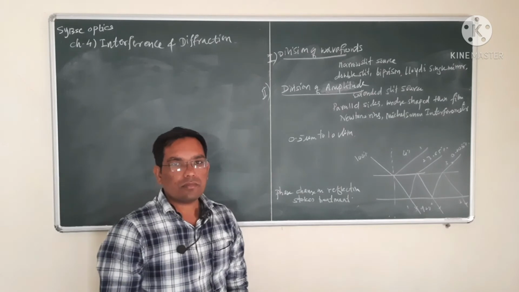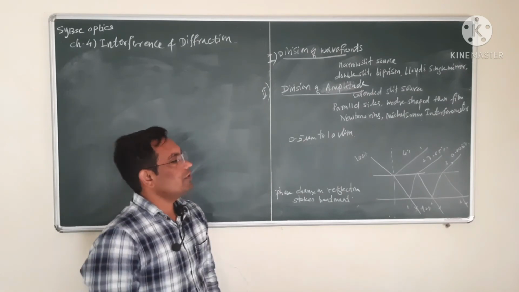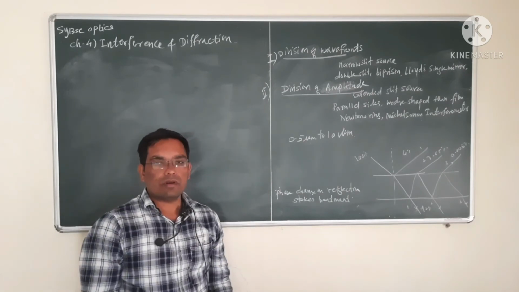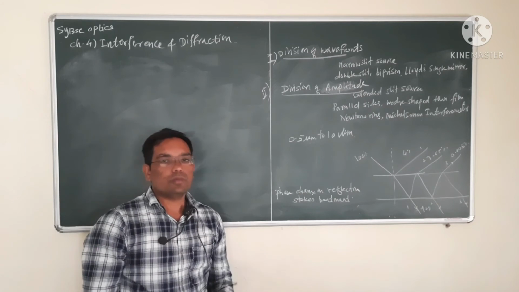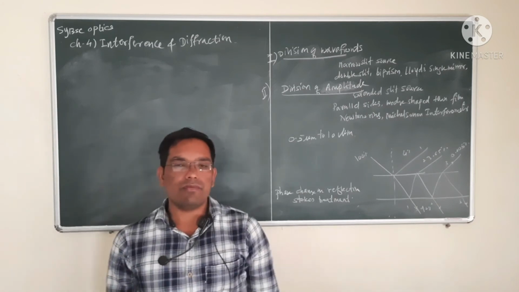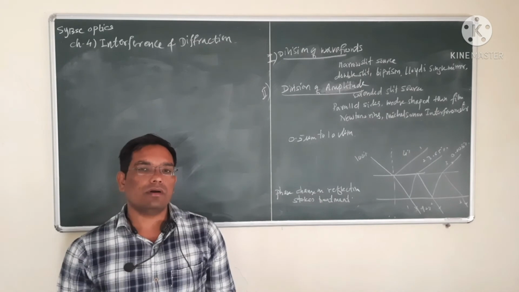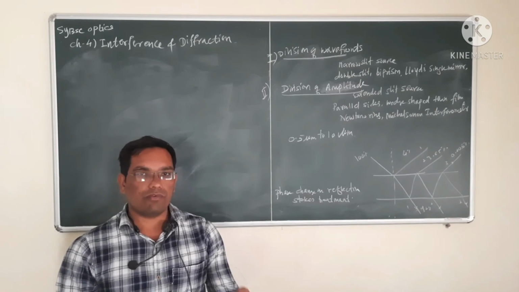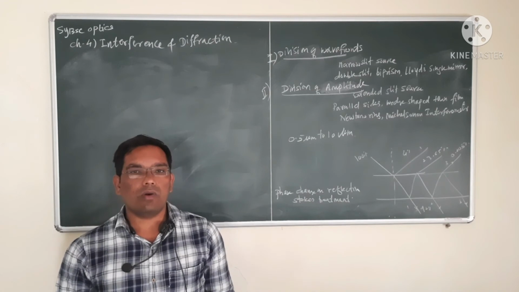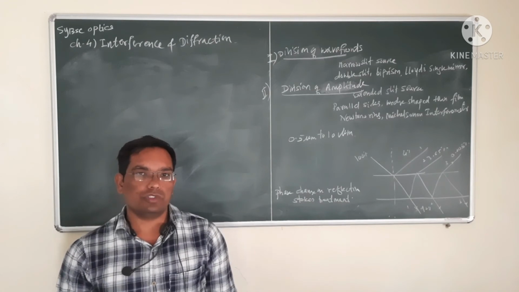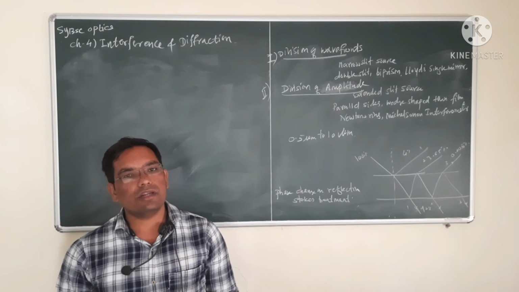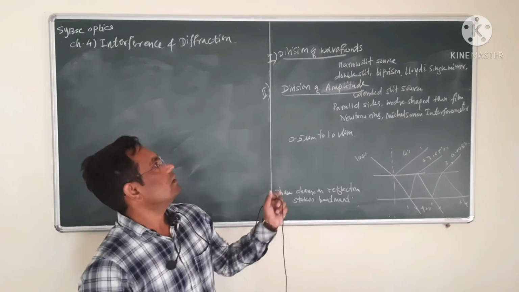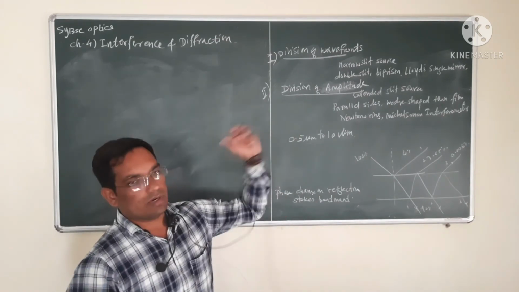Now, the definition of division of wavefront. How can you define division of wavefront? Suppose we get interference by dividing the wavefront of an optical source, or wavefront of light, and allow them to superimpose on one another, then such an interference pattern is known as division of wavefronts.